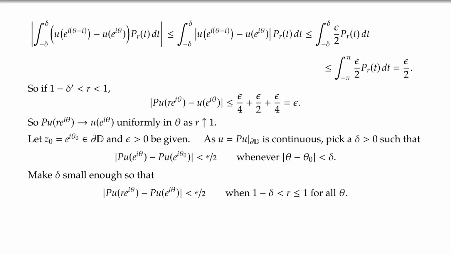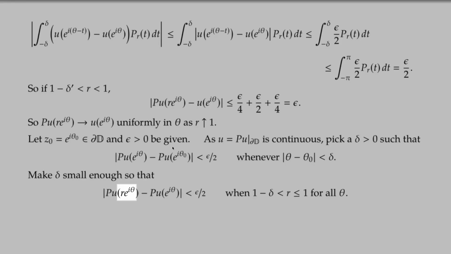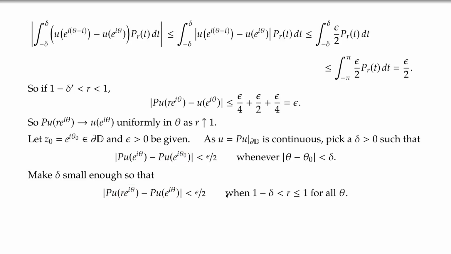You can think of it as we're trying to go from r e^{i theta} to e^{i theta naught}, from here to here, and we're doing it in two steps. First, we go from here to e^{i theta}, and then from e^{i theta} to e^{i theta naught}. We have a bound for both of them.